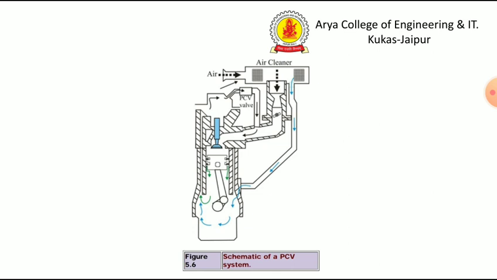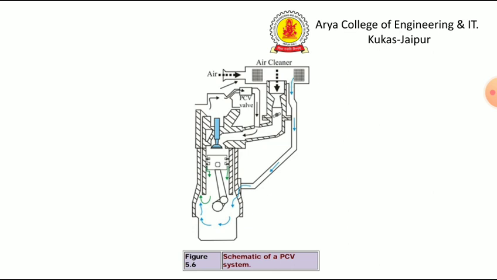In this diagram, we can see that the crankcase blow-by gases in the uncontrolled gas engines were ventilated to the atmosphere under the effect of the pressure difference occurring naturally between the crankcase and the atmosphere. For the control of crankcase emissions, the blow-by gases are recycled back to the engine, assisted by a positive pressure drop between the crankcase and the intake manifold.